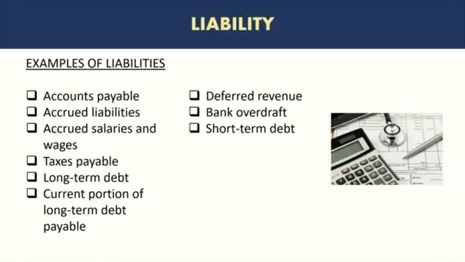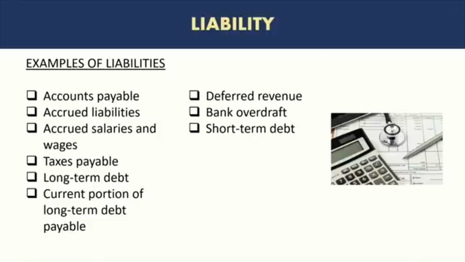For example, if the company has used electricity for the month of January and the bill has not been received at the end of January and the company is closing the period of January, they will record an accrued electricity expense. So there will be a debit to expense and credit to accrued liabilities in anticipation that the bill will be received in future, but the service, which is electricity, has already been received.